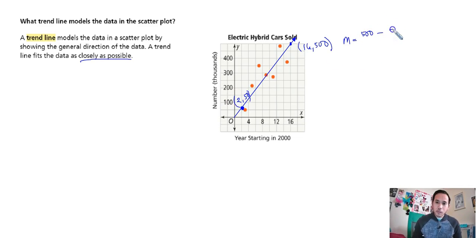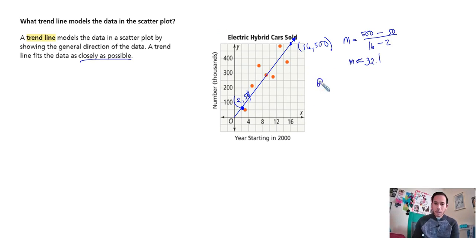So 500 minus 50, divide this one by 16 minus 2, wherein my m is equal to 32.1, or I'll put there approximately 32.1. So that is my slope. So use the slope to write an equation using slope-intercept form.